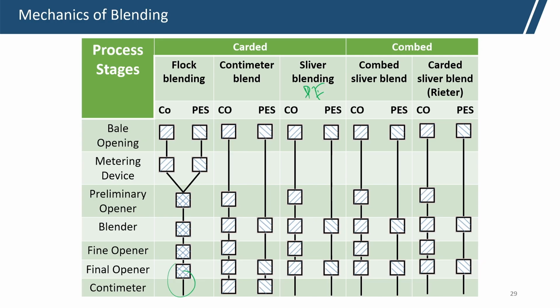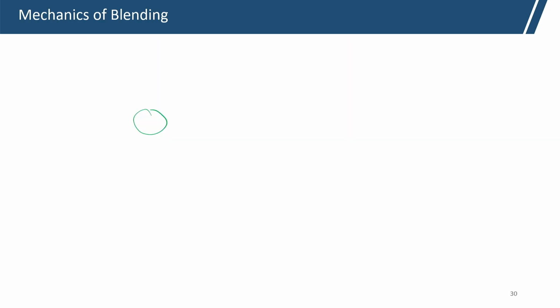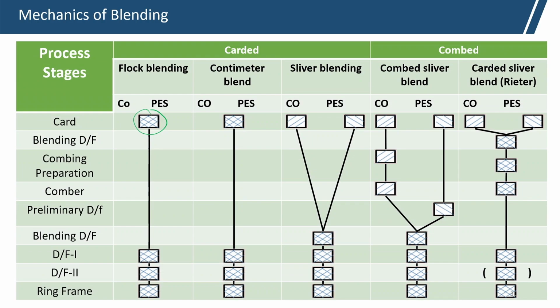Now, here you can see at the flock blending, at the preliminary opening the blending takes place. So, the blended fiber goes on, and in the other cases the blending takes place at the carding contimeter stage, at the carding stage or later. Now, here you can see at the card, the contimeter was there.